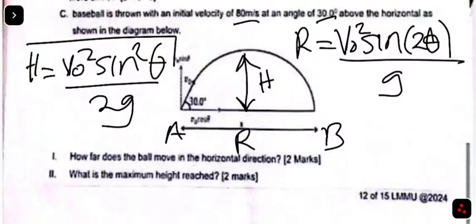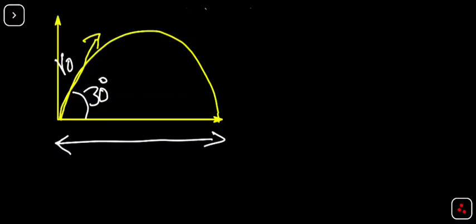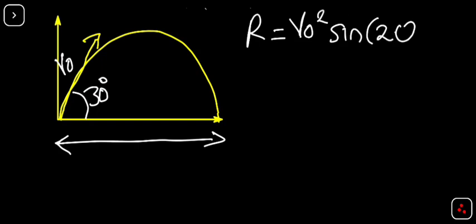Okay, so this is the formula for the maximum height, and we also have another one for the range. Okay, so for the range, like I said, you use this formula: R equals v naught, the initial velocity, squared, sine 2 theta over g.